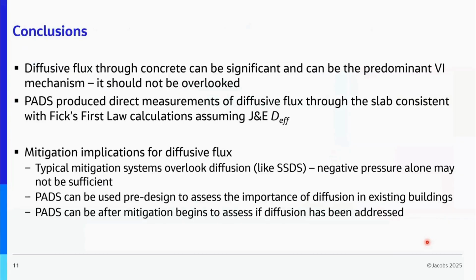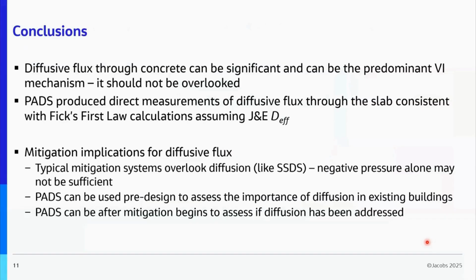So overall conclusions, you can't overlook diffusion. You really got to take a close look at it. Depending on your building, it might be more significant than you might think. The little pads were quite effective at measuring the flux, and it does appear that they're measuring what we expect to come through.